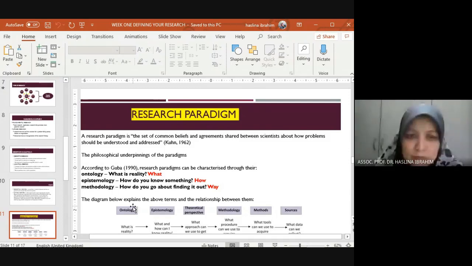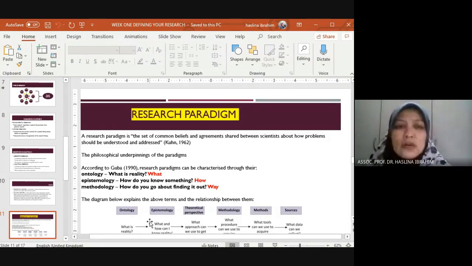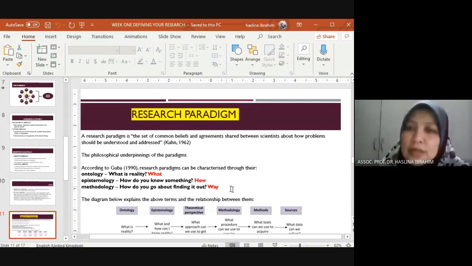Okay, so as you can see here, the research paradigm, you can see the cursor here, right? The mouse here: ontology, epistemology, the theoretical perspective, the methodology and methods here, and the sources. These are the research paradigm of your thesis.